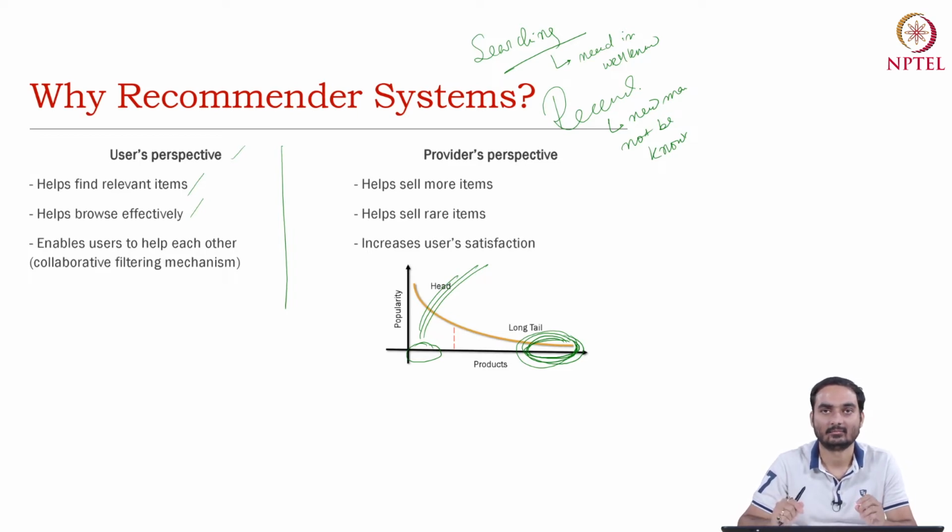But it may happen that while searching for a Dell laptop, you suddenly see a Lenovo laptop which is even more attractive and you end up buying the Lenovo laptop rather than the Dell laptop. So, that is recommendation. It is also about discovery.